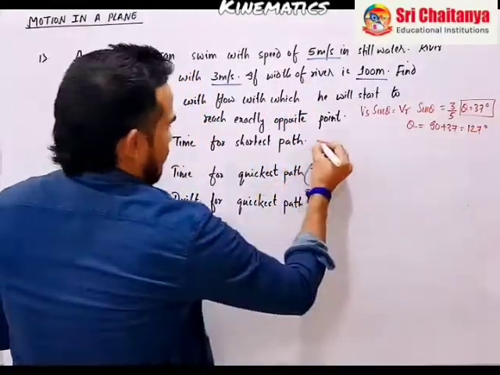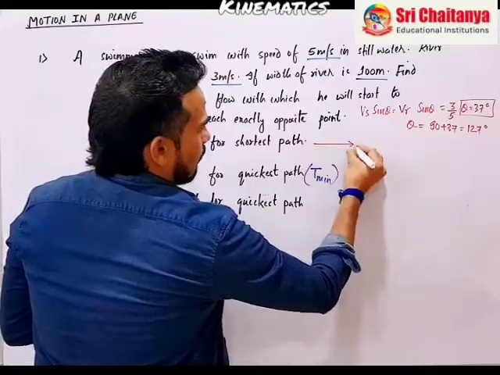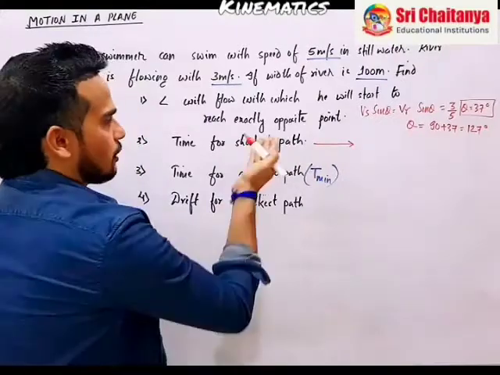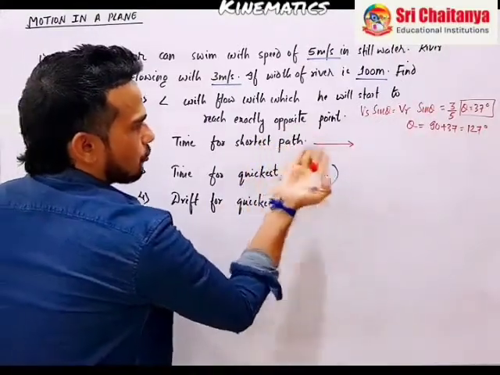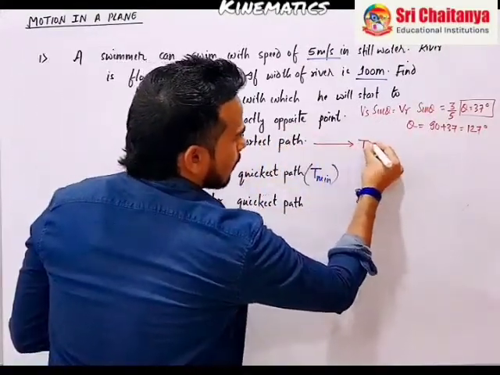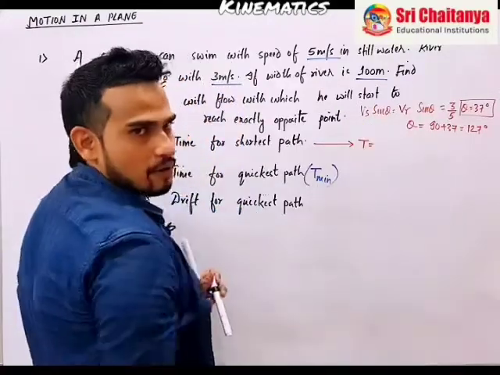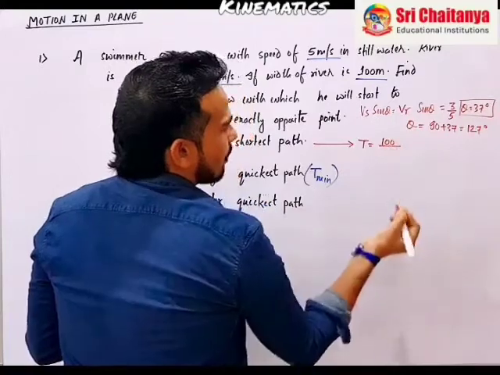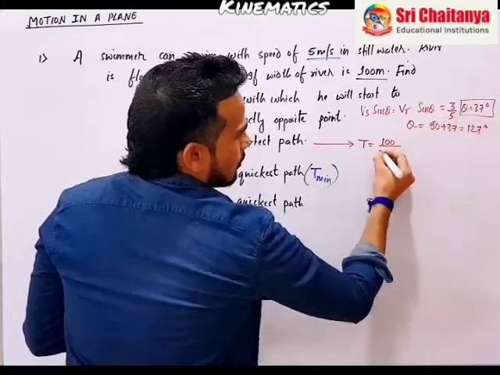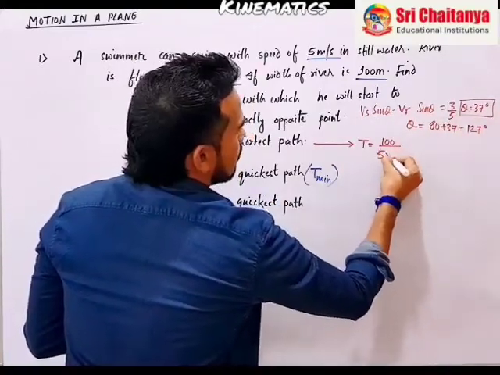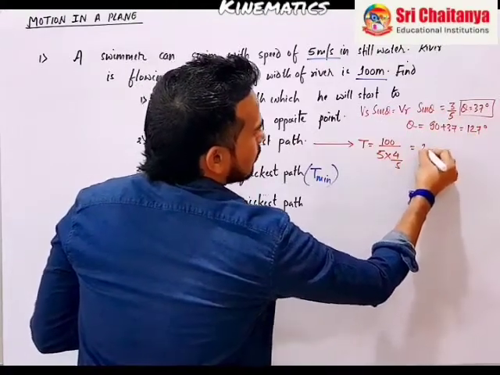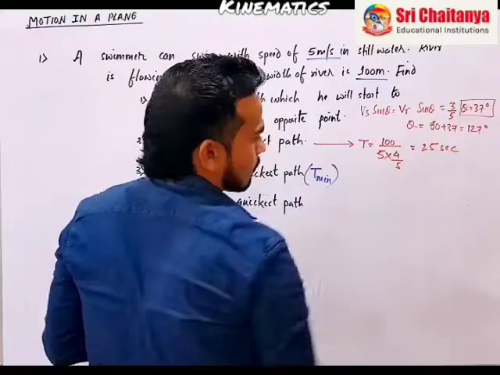Now in the second situation, they have asked the time for the shortest path. You know the time will be W by Vs cos theta. Just now we studied, W is given as 100, Vs is 5, cos 37 is 4 by 5, so this will come to 25 seconds.